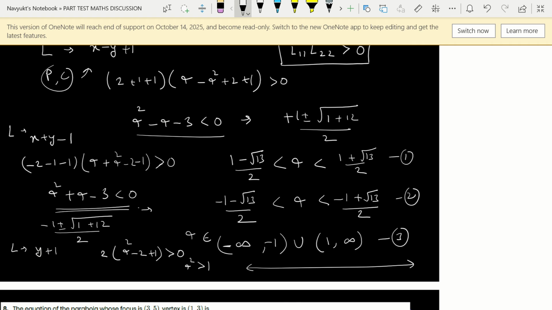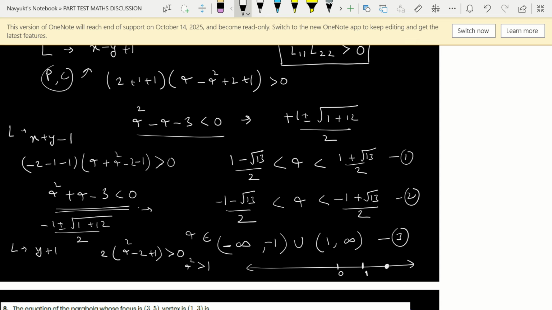That is a perfect way of doing it. 0. Here is 1. Right. Where will be this value 1 plus root 13? How much can root 13 be? Root 13 would be somewhere around 3.5, because root 9 is 3. Let's take it 3.5, so that gives us 4.5 by 2, just 2.25, somewhere here, correct?